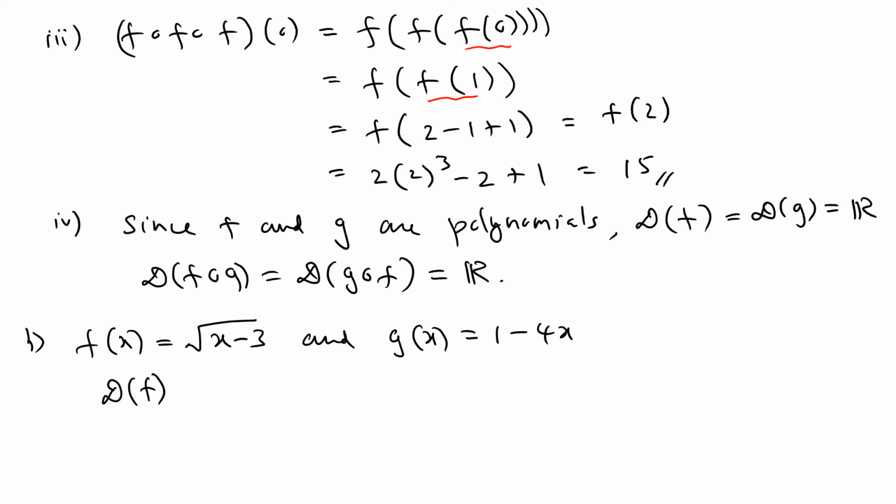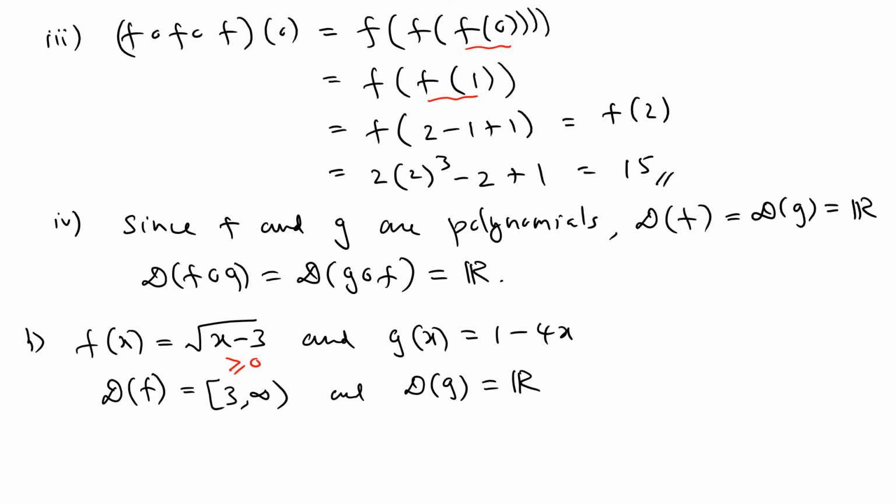For the domain of f, we want to make sure that whatever we plug in creates something non-negative because of the square root. So you can plug in 3 or more. That means the domain is simply 3 to infinity, and the domain of g, since this is a polynomial, is all real numbers. So those are the two domains of the two functions.